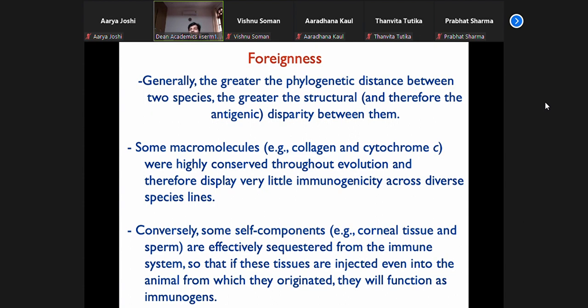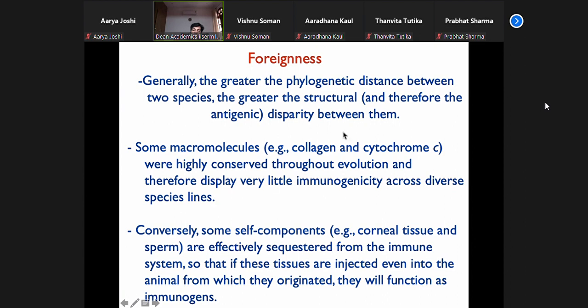But somehow, if you get some injuries to your corneal tissues, then you get a very robust immune response. Although corneal tissues are your own antigens, during the developmental stage of your B cells and T cells, these antigens were not encountered.